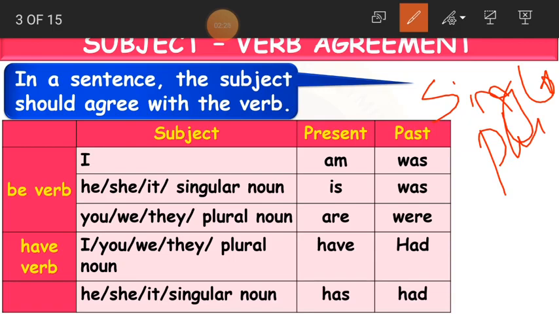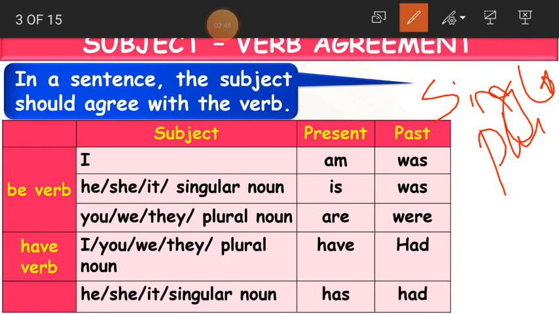If the subject is in plural form, the verb must be in plural form. Hope you know, children, what is a singular form and what is a plural form? Singular means we are talking about only a single person or a single thing. Plural is more than one.